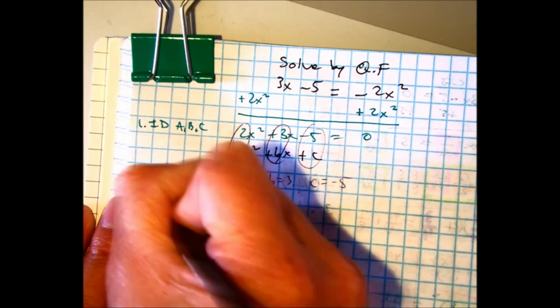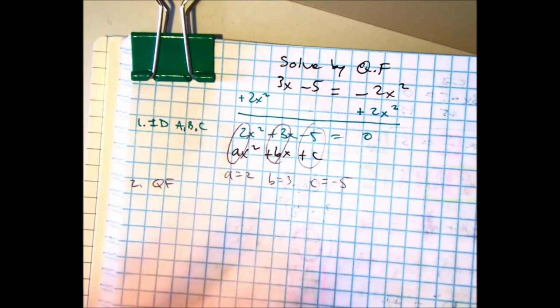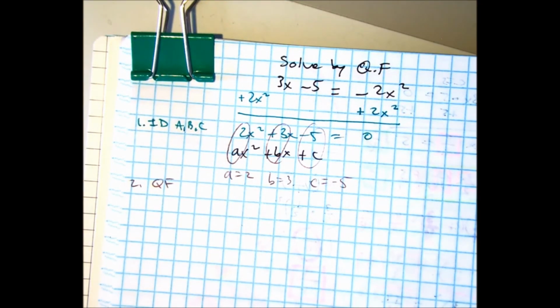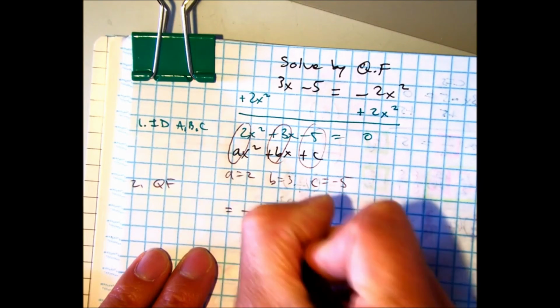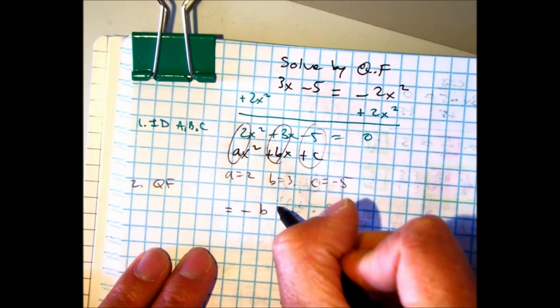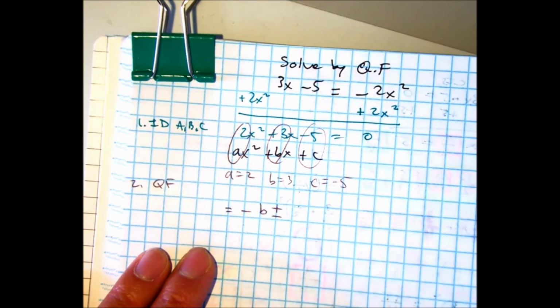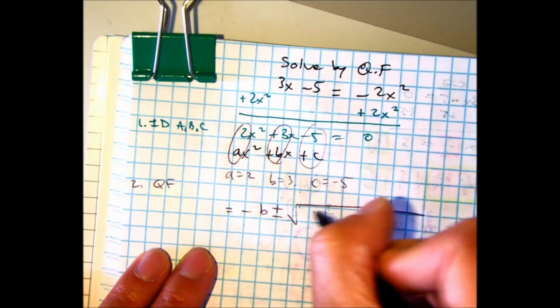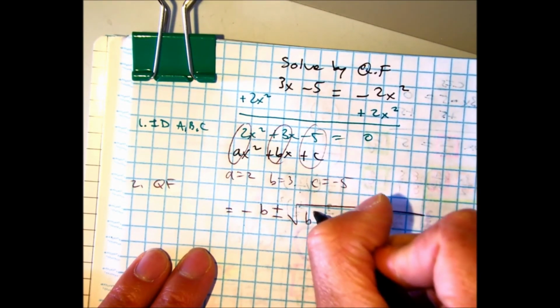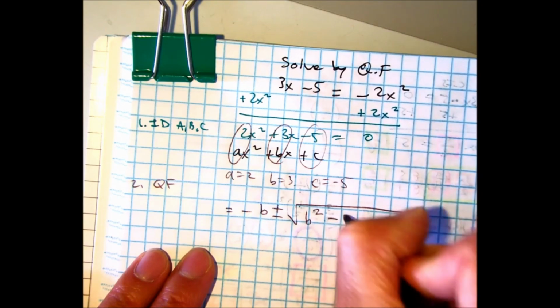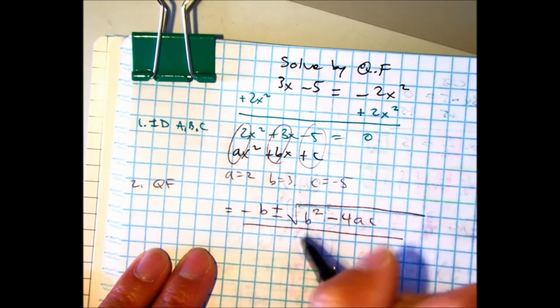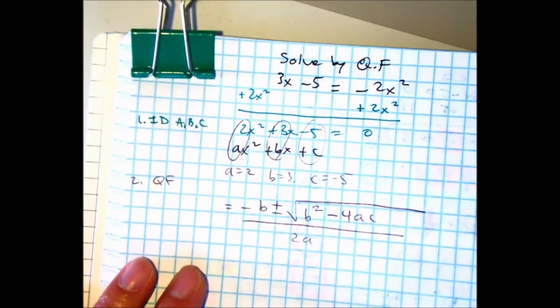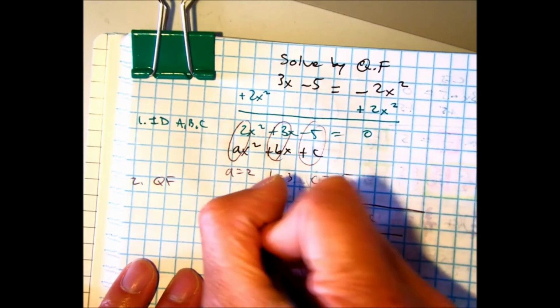The second thing we need to do is write down the quadratic formula. Isaac, go ahead and tell us the quadratic formula. Plus or minus. Remember, the quadratic formula is solving for the variable x for us.